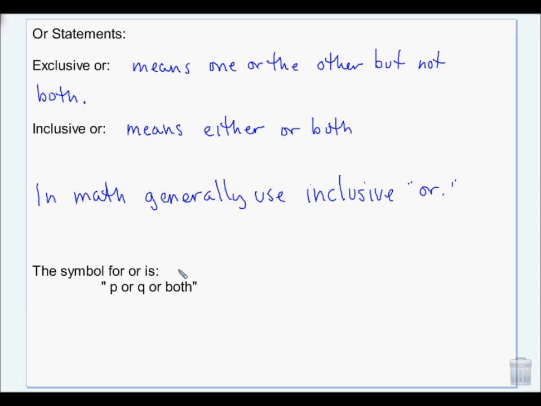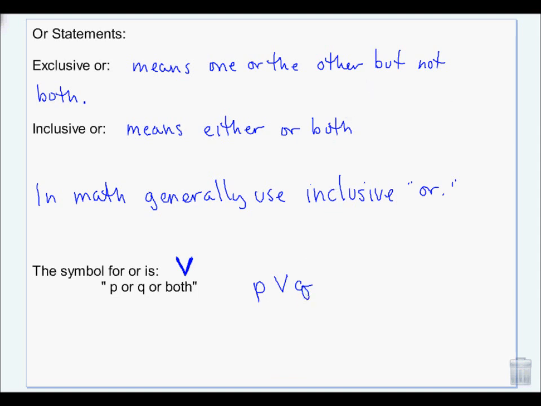Okay, the symbol for or is basically a V or an upside down caret. So to say P or Q or both, P or Q. We usually just say P or Q, but when you see this, it means P or Q or both, P and Q. It can be either or both.